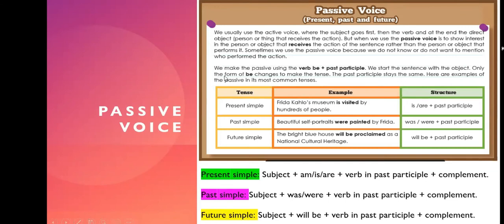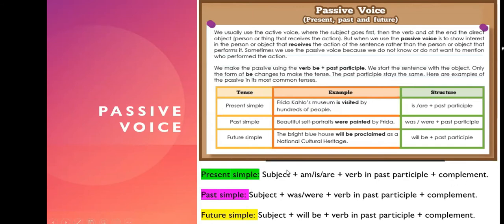Here are examples of the passive in its most common tenses. First of all, we have present simple, okay? Frida Kahlo's museum is visited by hundreds of people. So, for present simple, we have our subject, which will be the object of the sentence, then am, is, or are, the verb in past participle, and the complement.